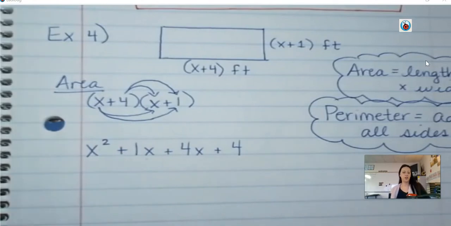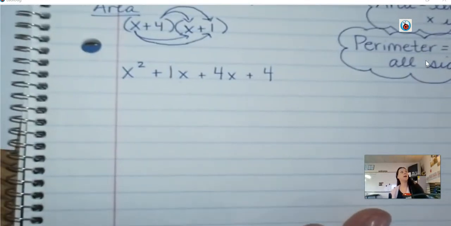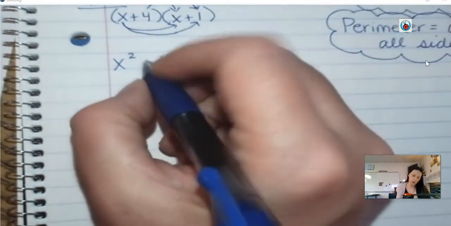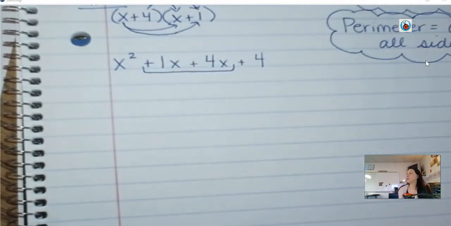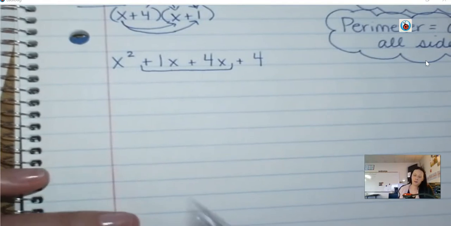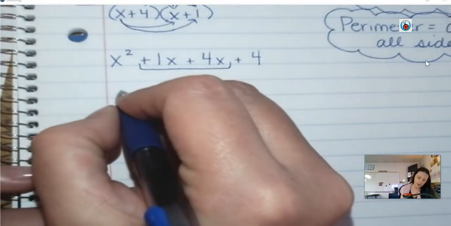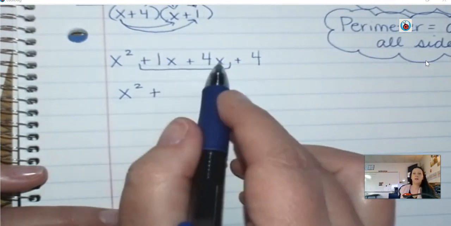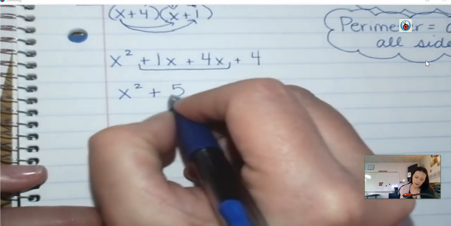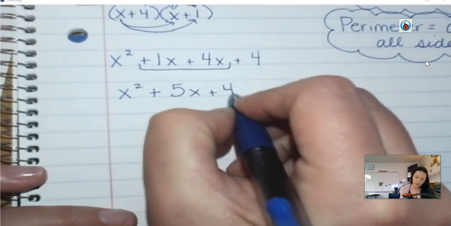And then always check to see if we can combine any like terms, which we can. There's an x and then there's a 4x, so those can be combined. Your final answer for the expression for the area will be x squared plus 1x and 4x's make 5x's plus 4.